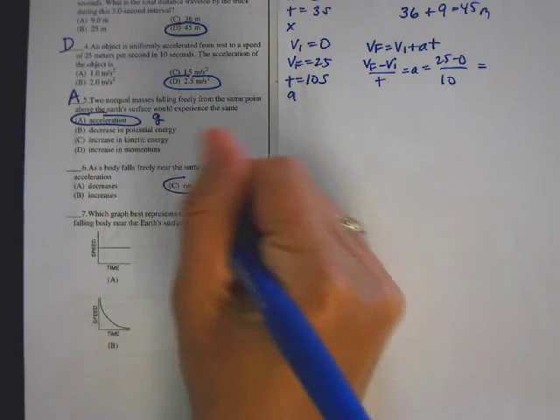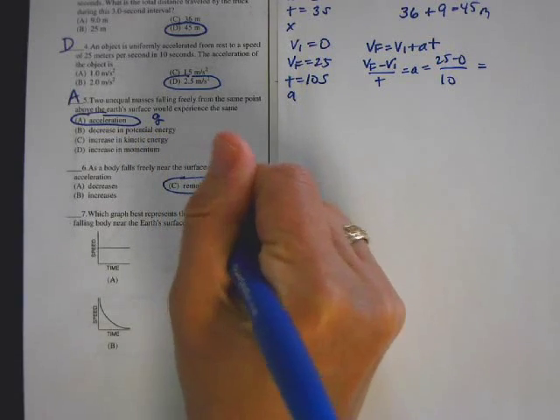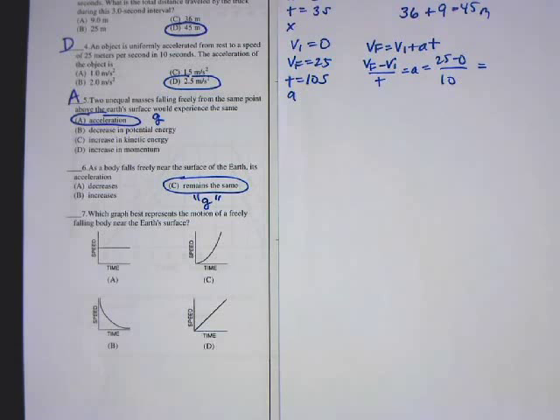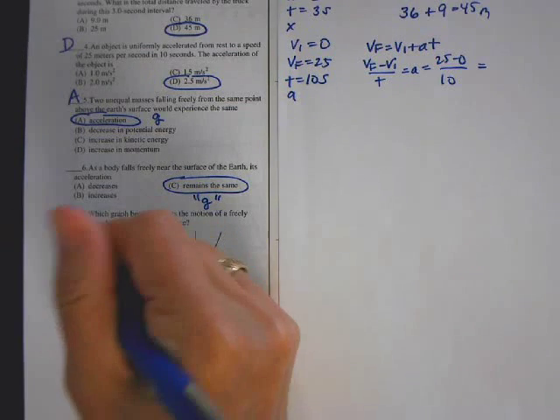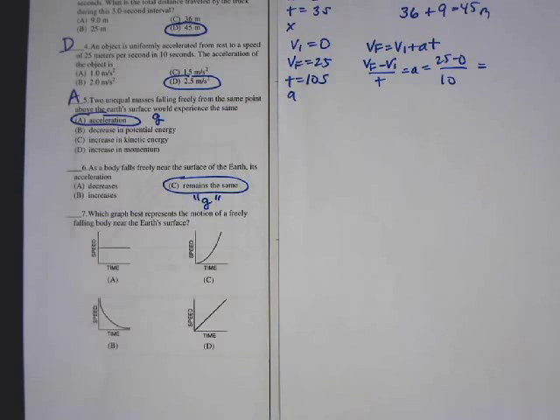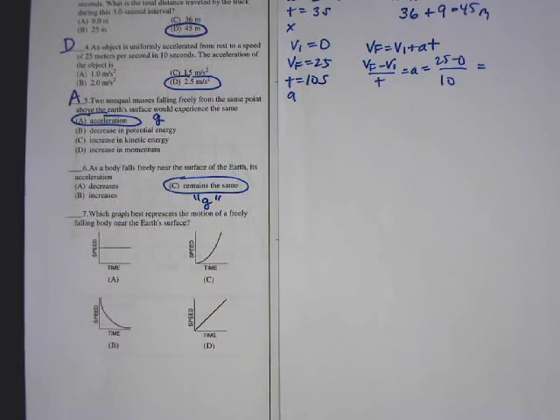Number 7, which graph best represents the motion of a freely falling body? Now, what you need to do is you have to first say, what type of graph is this? So this is a speed versus time graph. So on a speed versus time graph, the slope is the acceleration. So now they ask me which graph represents the motion of a free-falling body.